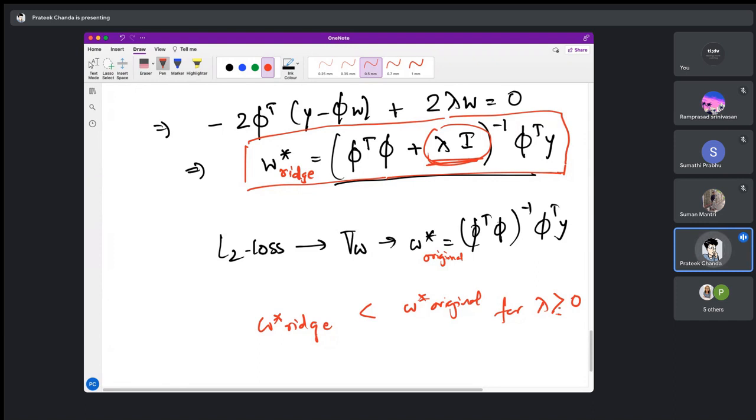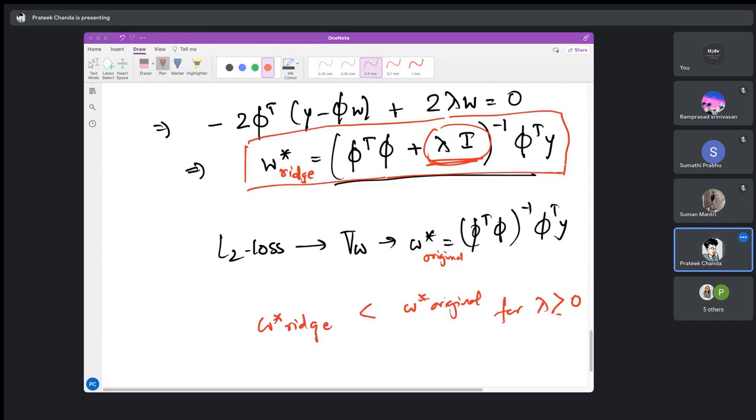This is exactly the same thing we discussed a few seconds back about complexity reduction: the higher order terms get reduced to 0. For the original case, I would have W8, W9, and W10, which are non-zero values. But as I add regularization, the magnitude of my optimal weight vector would be less than the original, and in many cases it might go to 0 also. So that's the idea.